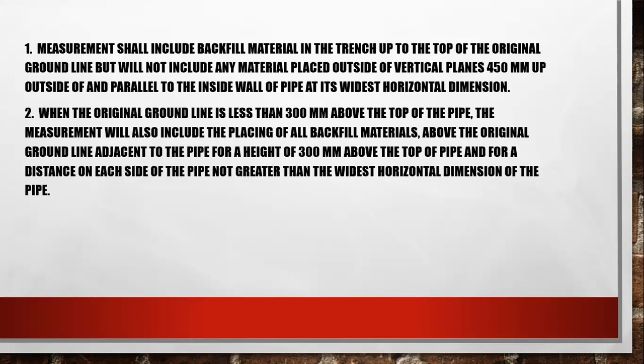Second, when the original ground line is less than 300 millimeters above the top of the pipe, the measure will always include the placing of backfilling materials above the horizontal ground line adjacent to the pipe at a height of 300 millimeters above the pipe.